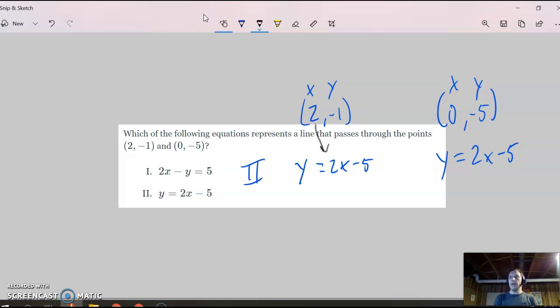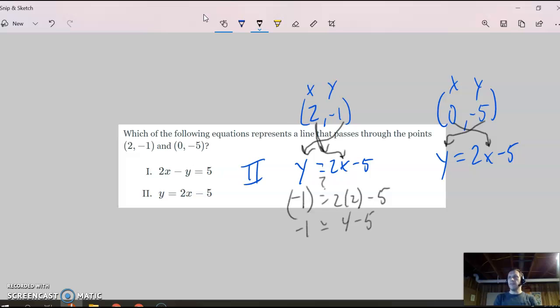All right, so x goes in for x, y goes in for y. So this negative 1 is in for y. The x, 2 times 2 minus 5. All right, so negative 1, is that equal to 4 minus 5?